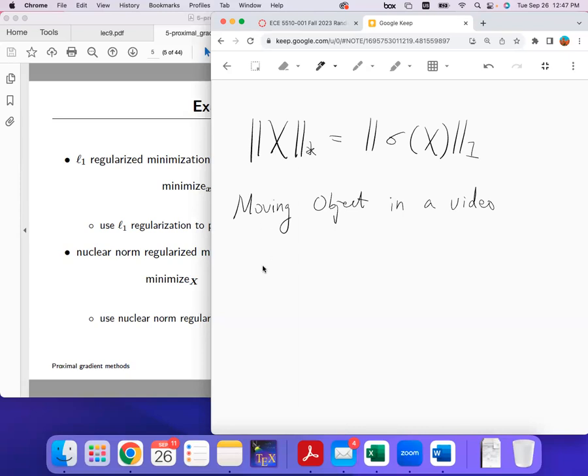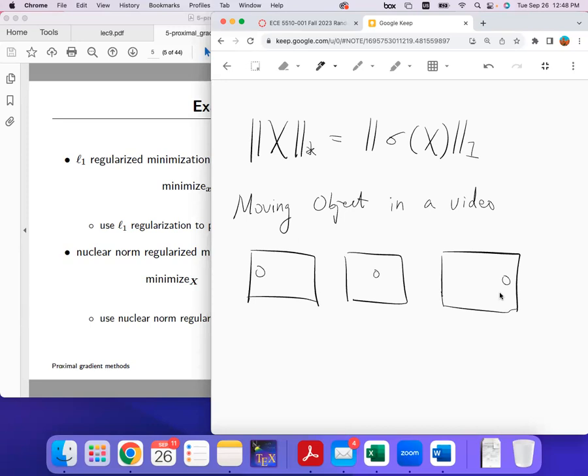So where does the low rankness come from? We can consider 3 consecutive frames where we have a moving object from left to right. Now, how do we model this problem?